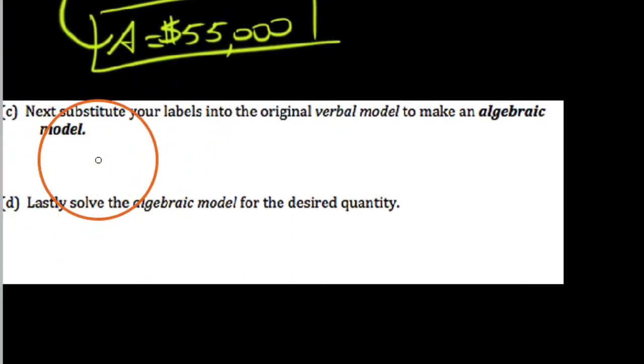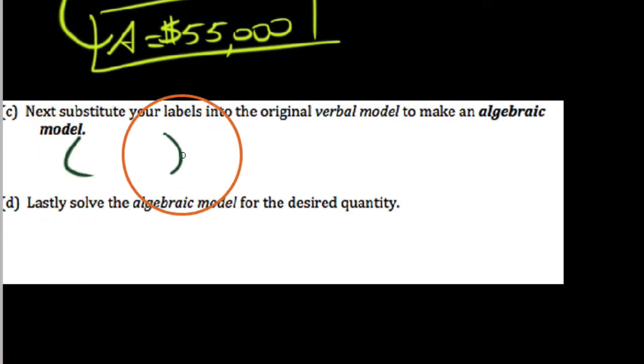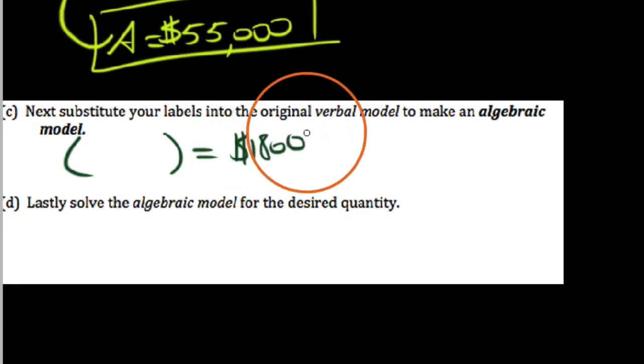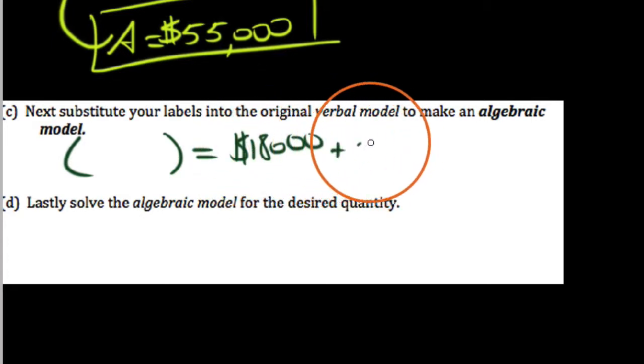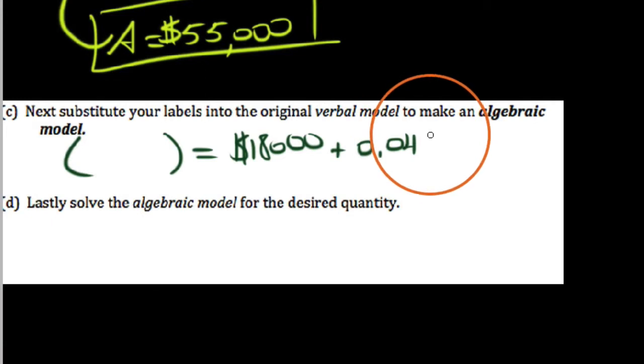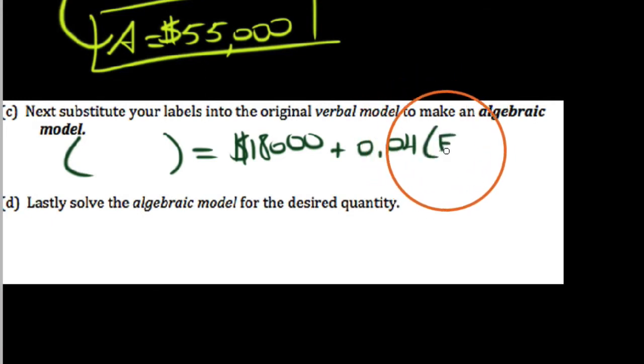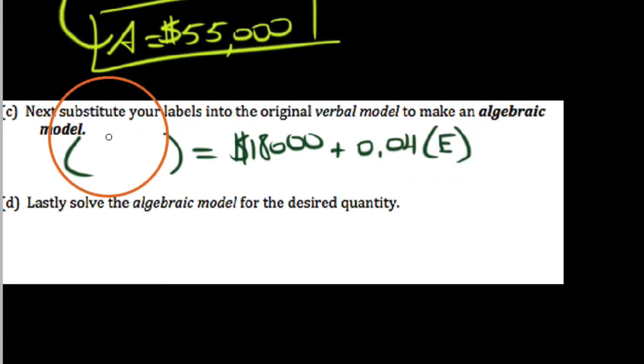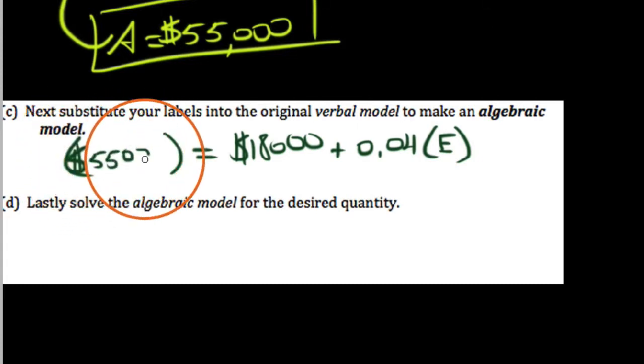Substituting this value in, we take A out. A was equal to $18,000 plus 4% of our earnings, so 4% E, and we can substitute in that 55,000 we previously considered. So now all we need to do is solve this equation.